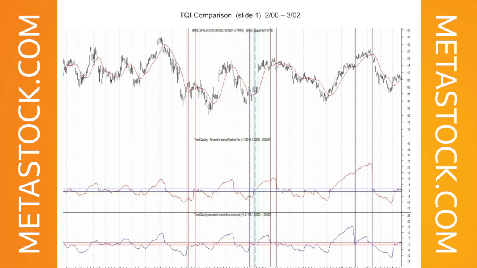We move on over to later in the year, and we see those two widely separated vertical lines.